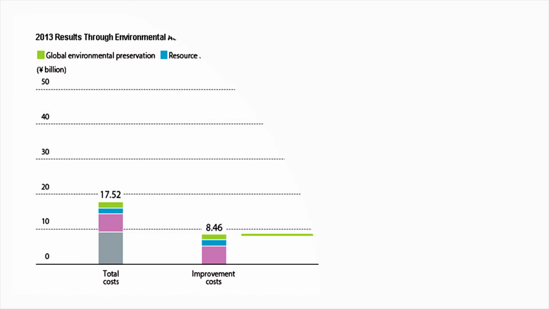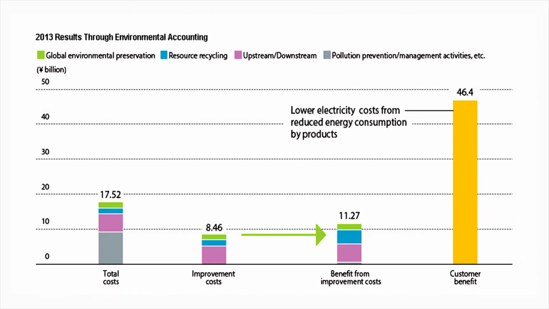There are many examples of environmental accounting that have been conducted by countries, companies and organizations. The example shown in the slide is the case study of Canon from Japan. In year 2013, they invested 17.52 billion yen in environmental preservation.